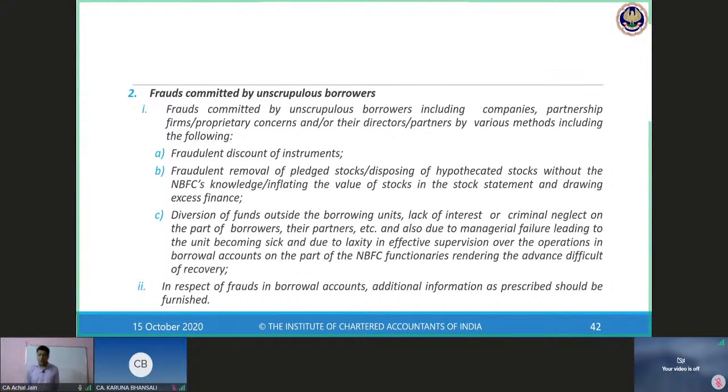In respect of frauds in the borrower accounts, additional information as prescribed should be furnished. What are borrower accounts? The person would have borrowed funds, so that is all about advances which are given. Therein the additional information will be required to be furnished.